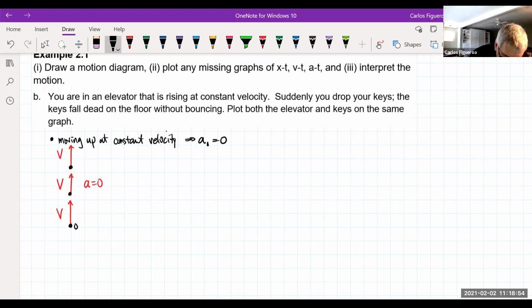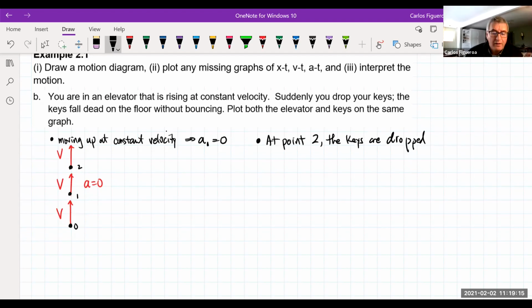So here's my point 1, here's my point 2, and at point 2, the keys are dropped, right? The keys are dropped and they say that they fall dead onto the floor without bouncing.